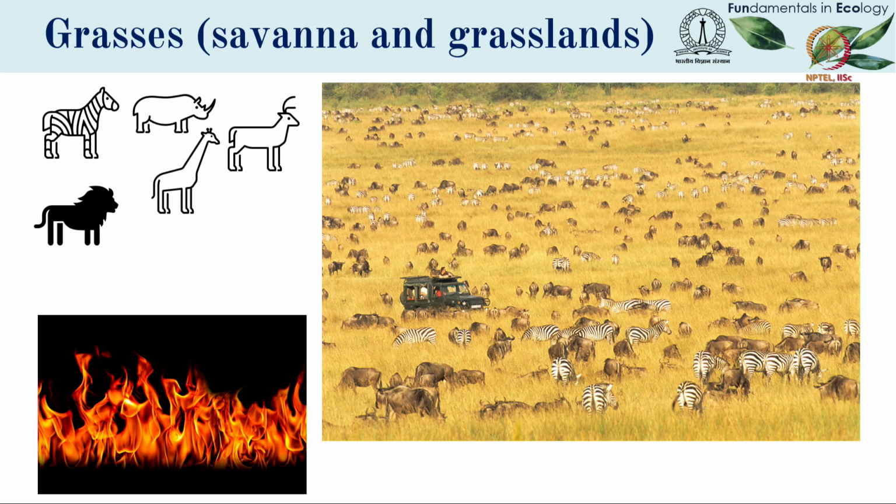Now if you are a plant growing in these grasslands or savannas, you are very dissimilar to the trees in the forests. One big difference is that animals can eat you. You can be very easily consumed and digested, so you are much more palatable than trees.